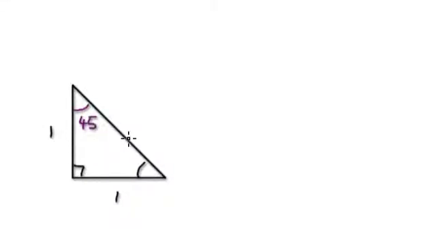Now look at this length here. We can use Pythagoras to work out this length here. If this is 1, this is 1, and this is a right angle triangle, Pythagoras is saying, let's call this x. X squared equals 1 squared plus 1 squared.